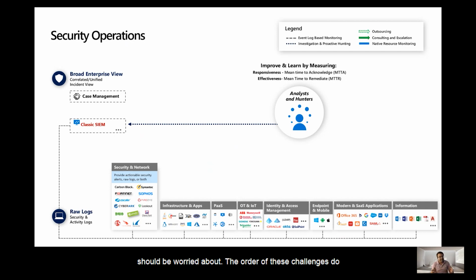Now all of these challenges do exist, and oftentimes analysts are always worried about what exactly should I be figuring out, what should I be monitoring, what are the use cases. These are the classic challenges which have been the norm of the day in a classic SIEM model.